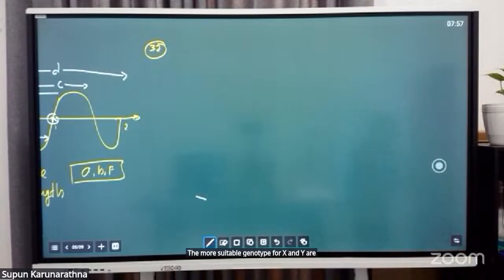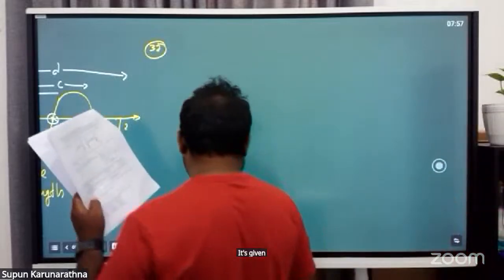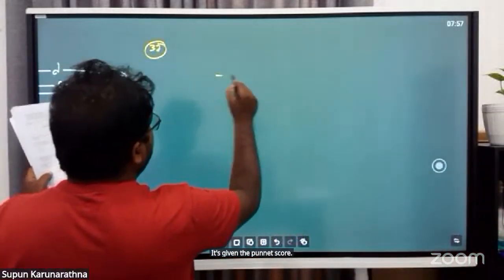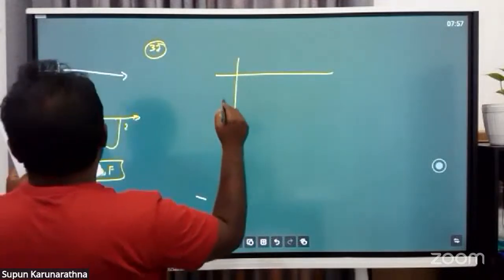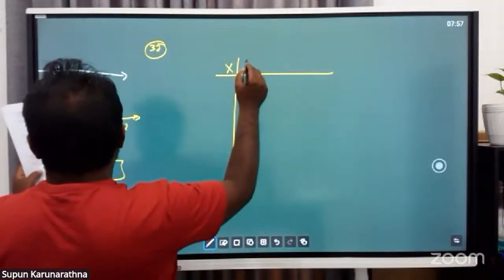What is it? Most suitable genotype. It's given in the Punnett square.